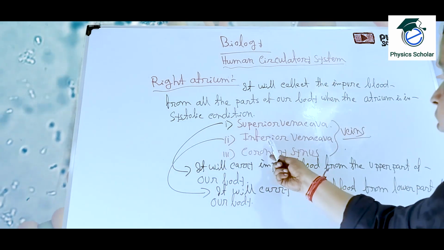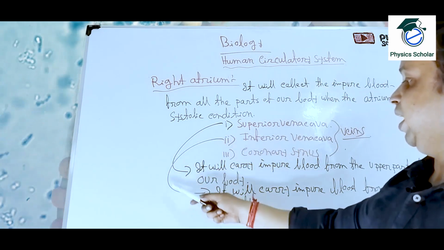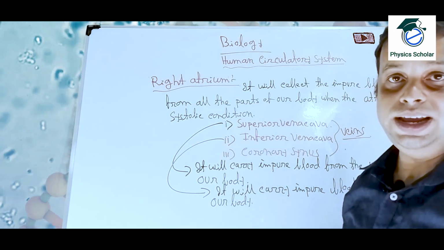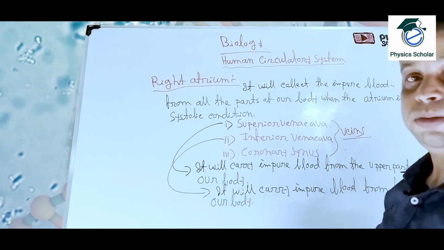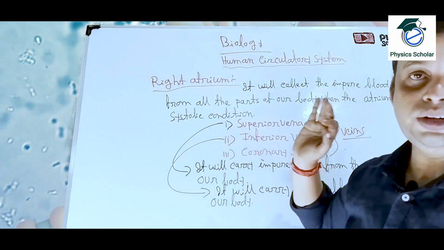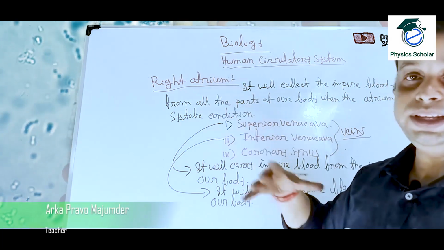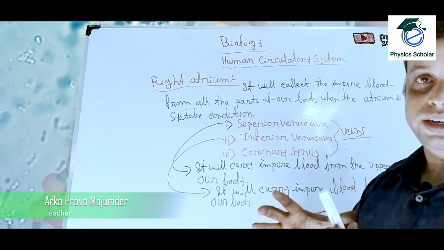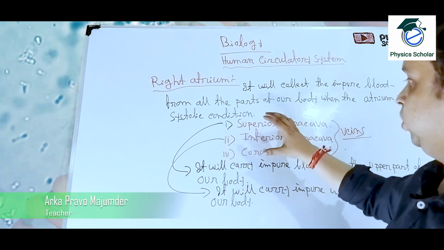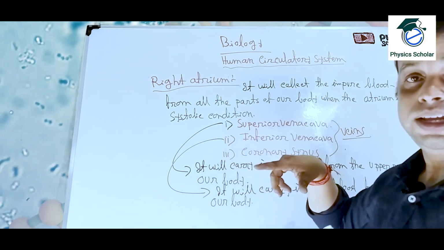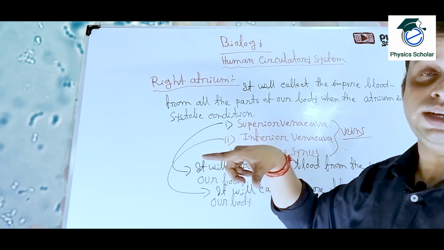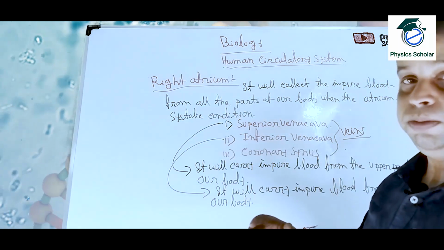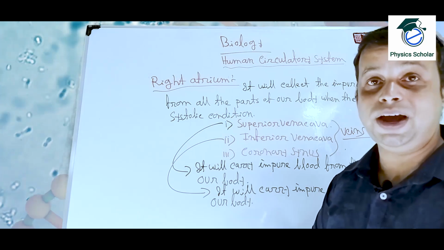Clear? So the inferior vena cava will carry the impure blood from the lower portions of our body, the legs and all, to the right atrium when the atrium is in diastole condition, not systole. Systole means contraction, diastole means expansion. Systole condition means it will be supplied either to the lower chamber or to all the parts of our body.